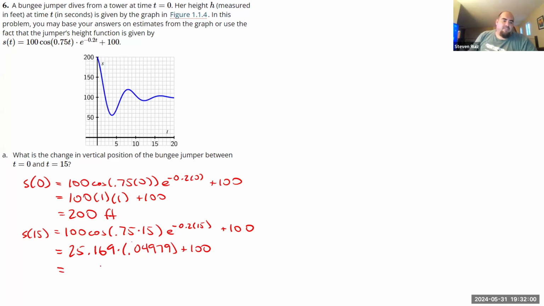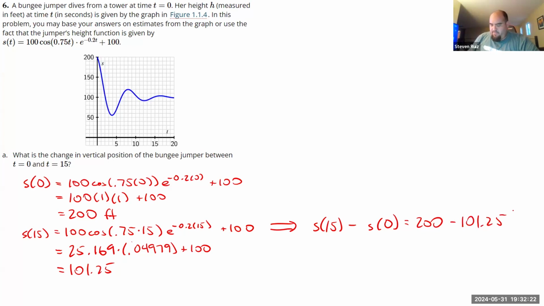All right, the final result is 101.25. From there, we can get this difference. S of 15 minus S of 0 equals 200 minus 101.25, which is 98.75 feet.